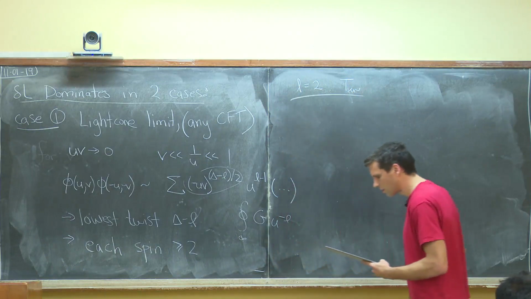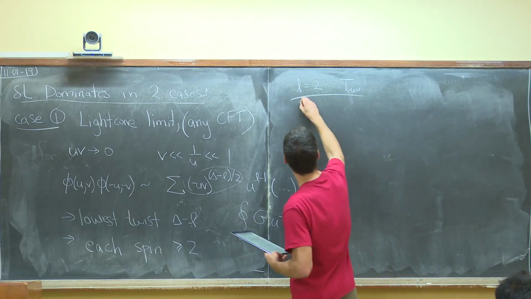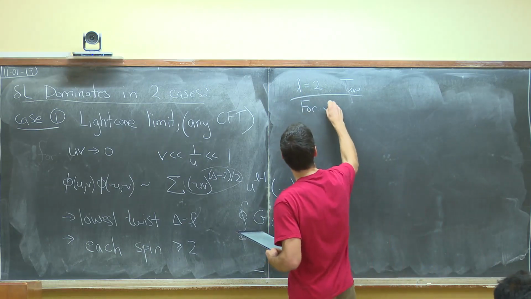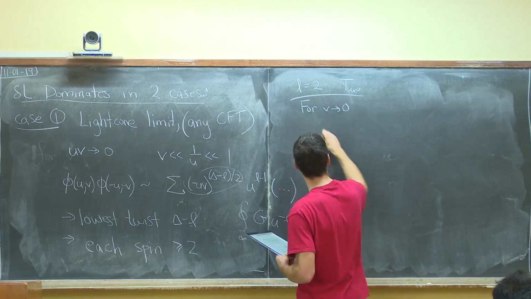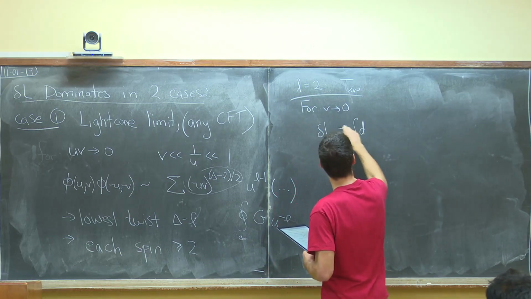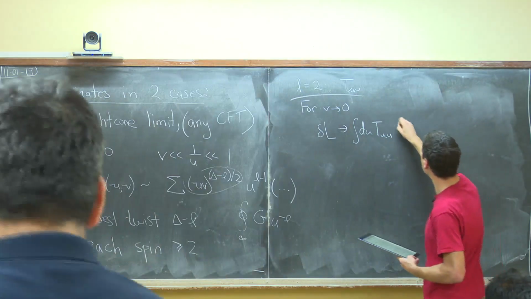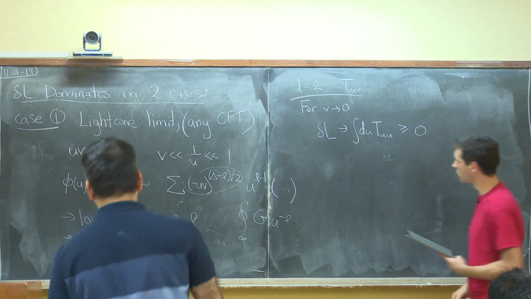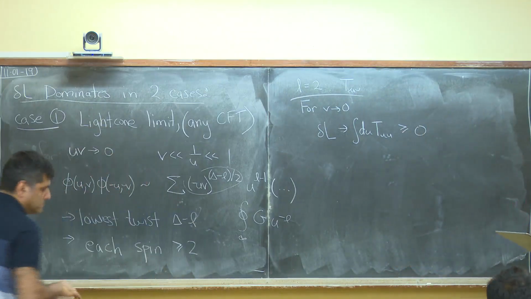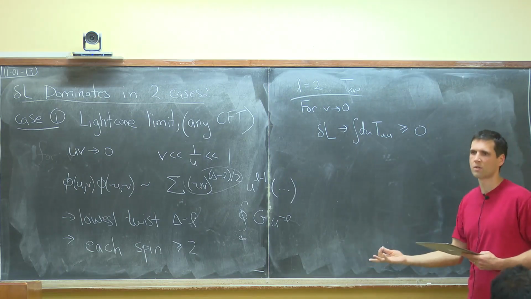Okay, so the spin 2 one is the one that we've been discussing, the stress tensor, and it's easy to check that for v goes to 0, the length operator just becomes the ANEC operator. And we've argued that if it dominates, which it does in the light cone limit, this operator is positive.